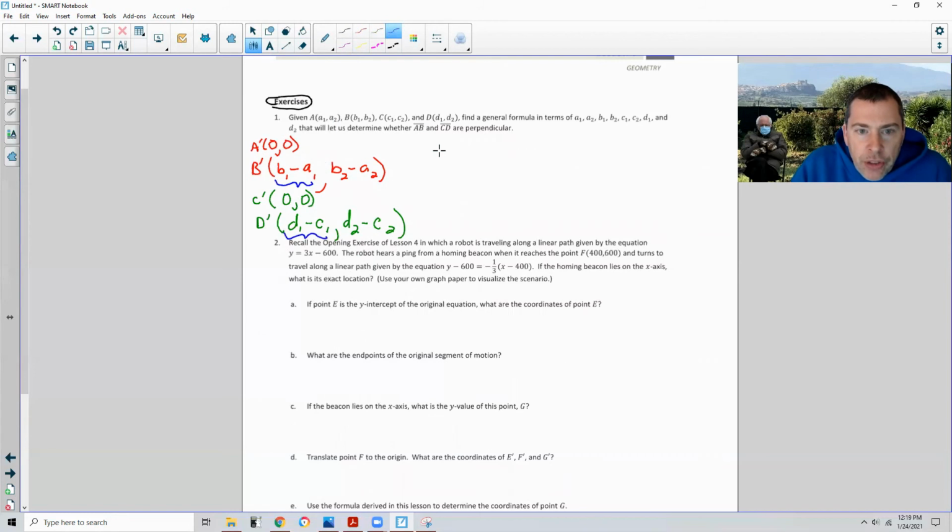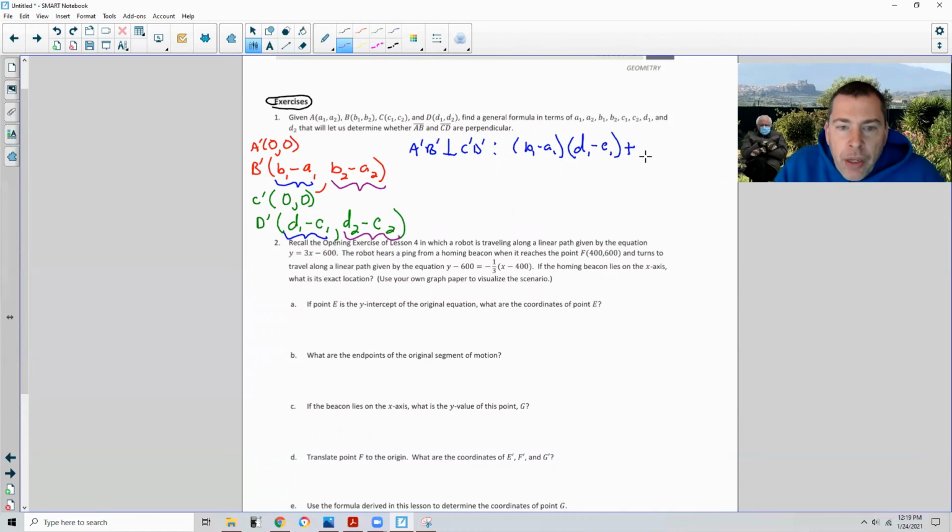So if A prime B prime is going to be perpendicular to C prime D prime, then we have to have B sub 1 minus A sub 1 times D sub 1 minus C sub 1 plus, and then we're going to take the products of our Y values, B sub 2 minus A sub 2 times D sub 2 minus C sub 2.